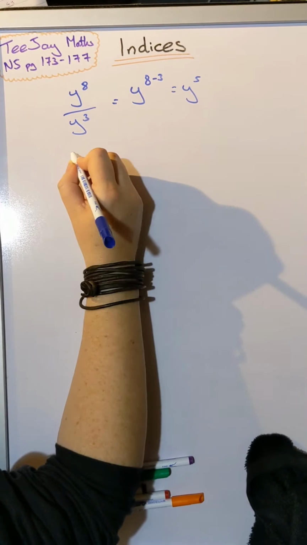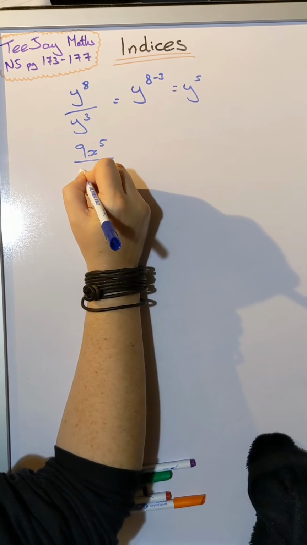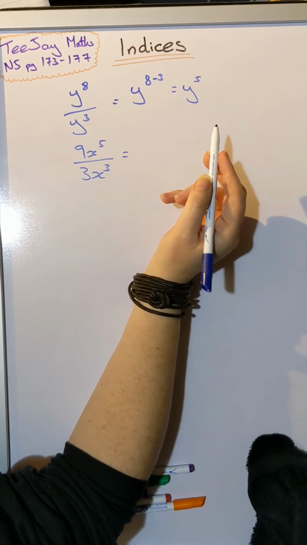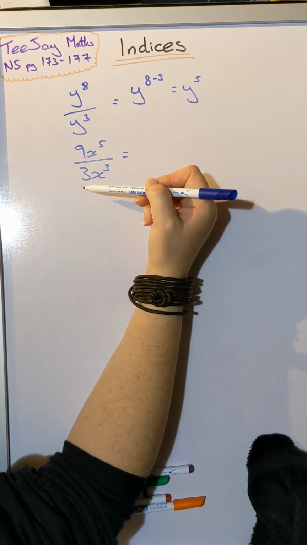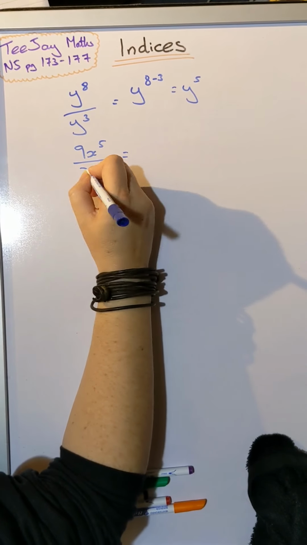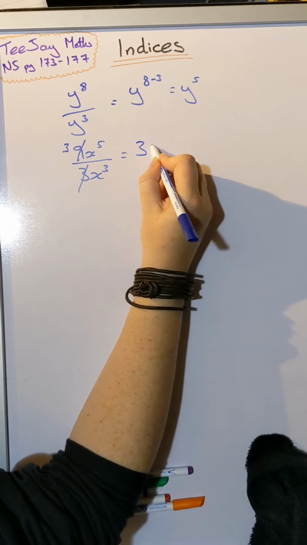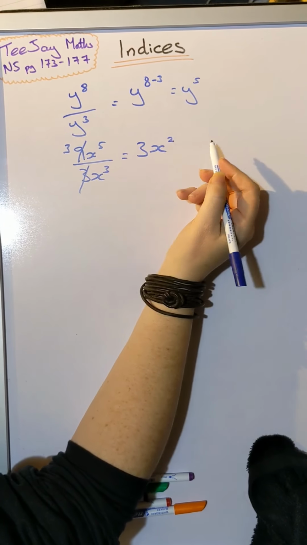If we had 9x to the 5 over 3x to the 3, we would have 9 over 3. Remember, you can do your cancelling down of your numbers separate. 3 goes into 9 3 times. So I can cancel that down. And what I have is 3x to the 5 minus 3, x squared.